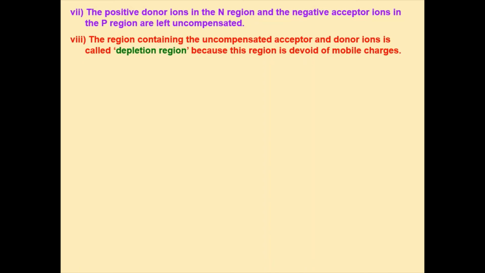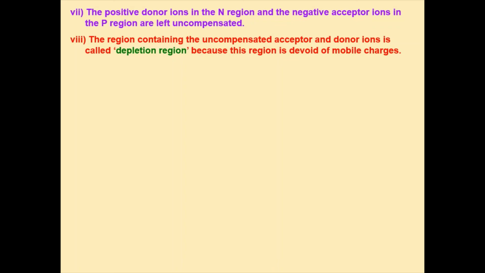So the region containing the uncompensated acceptor and donor ions is called the depletion region, because this region is devoid of mobile charge carriers. As you have seen in the previous diagram, the region where the immobile ions are present is called the depletion region.